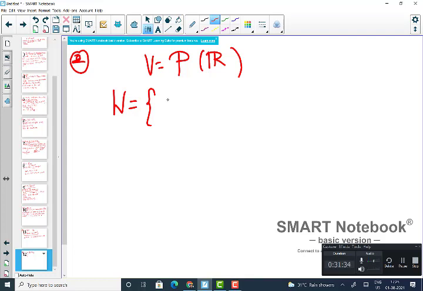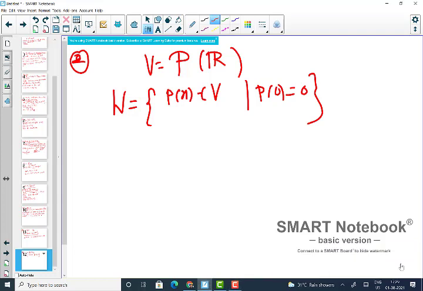Constant term is 0 means what? You choose all p(x) belonging to your V such that the constant term p(0) equals 0. And again you check that this is again a vector space over the same field.